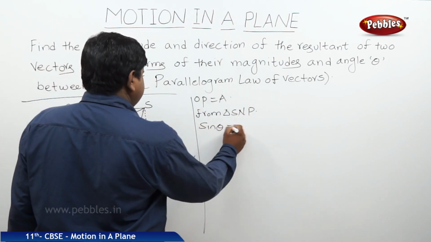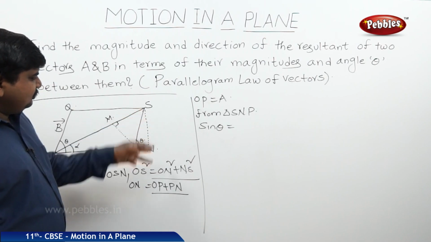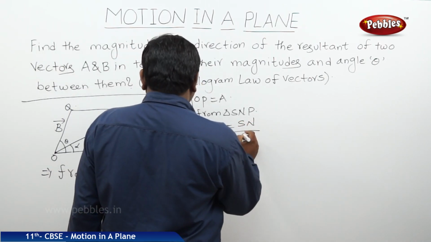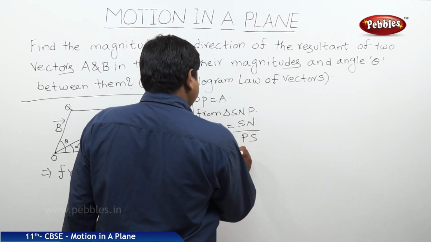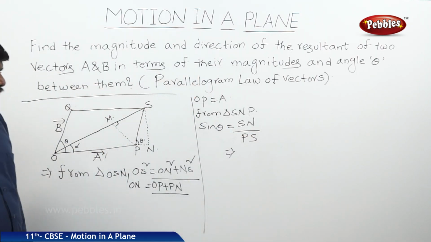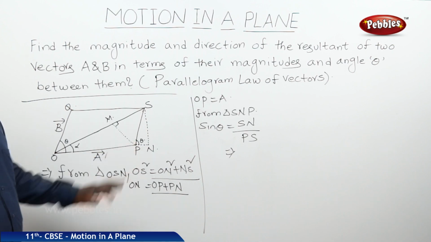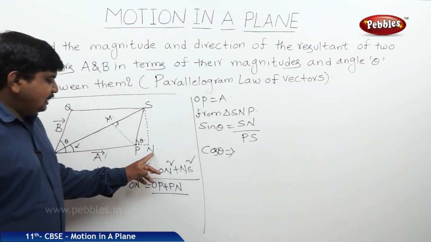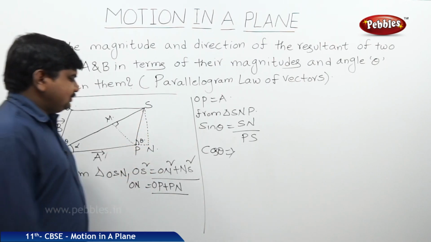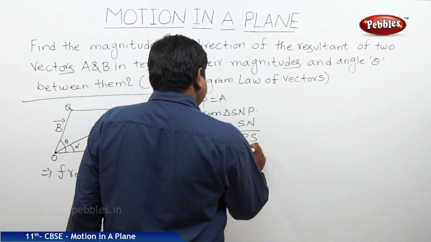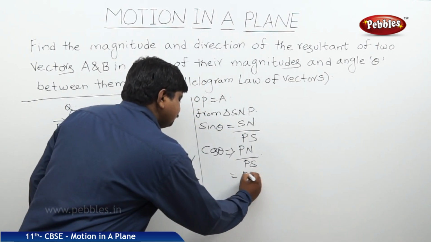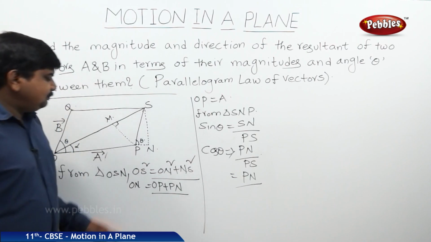sin theta is equal to opposite side by hypotenuse, cos theta is equal to adjacent side by hypotenuse. Therefore, it is PN by, what is PS?